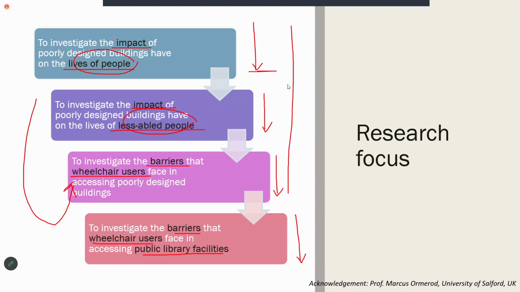It will be about the lives of all the people, right? And then your aim will also be changed, right? So remember, when you develop your study, where you want to get the focus, where you want to do your study, what will be your overarching aim to the study, okay?